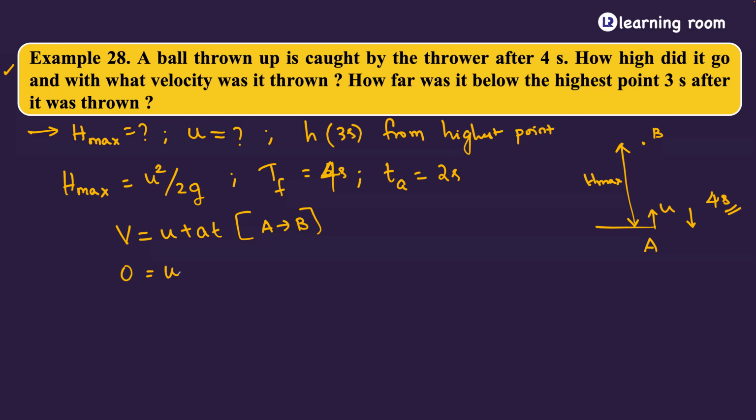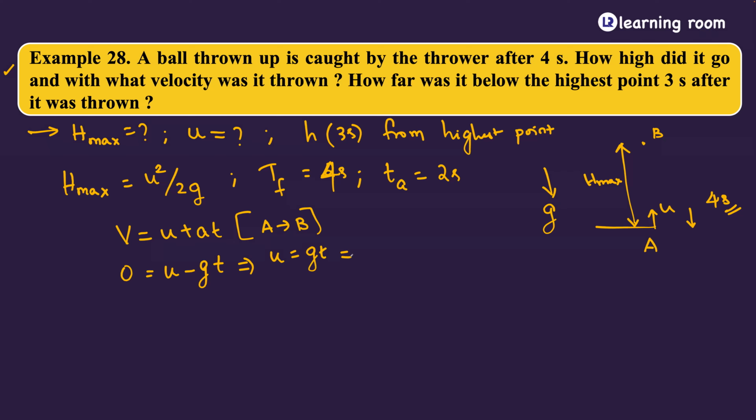What is the acceleration under which it is moving? It is moving under the acceleration due to gravity, right? So when G is in the downward direction and U is in the upward direction, G is considered negative. So minus G into T, which implies U is equal to GT.